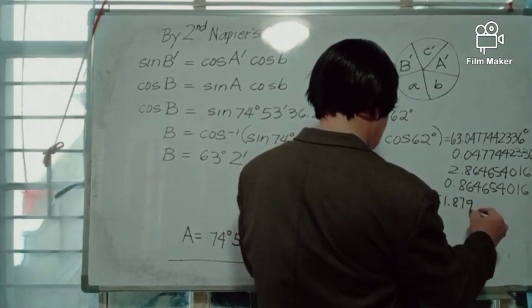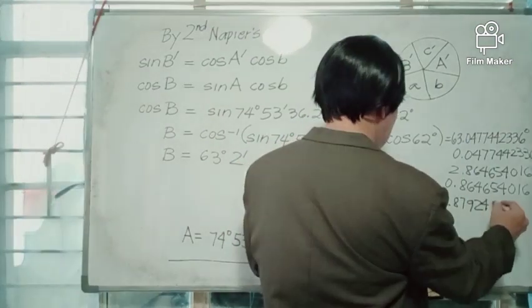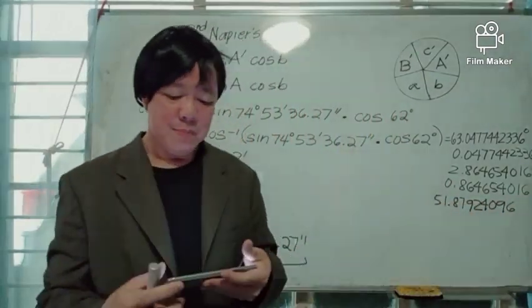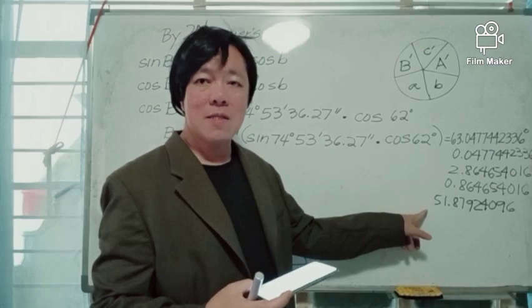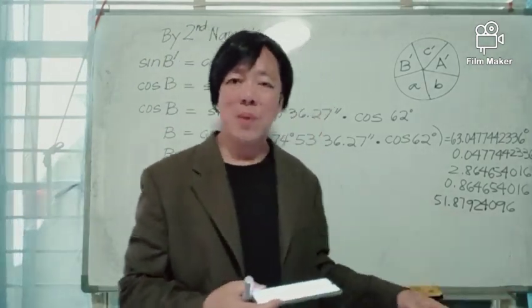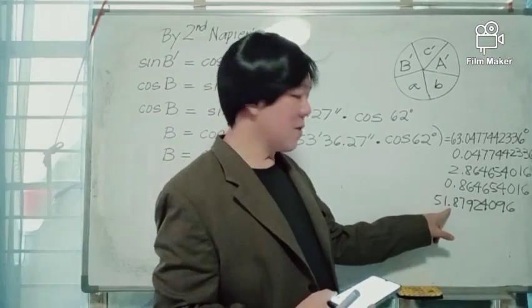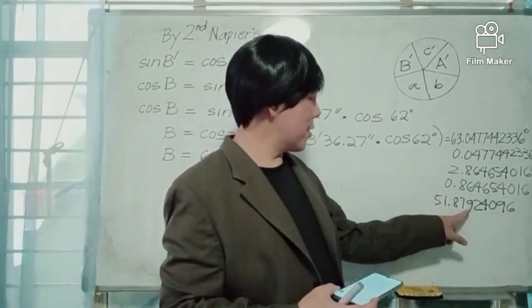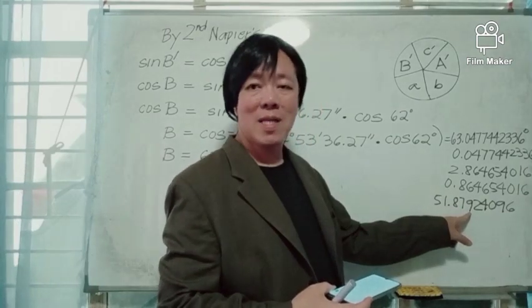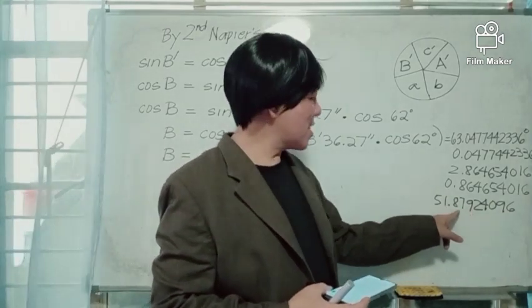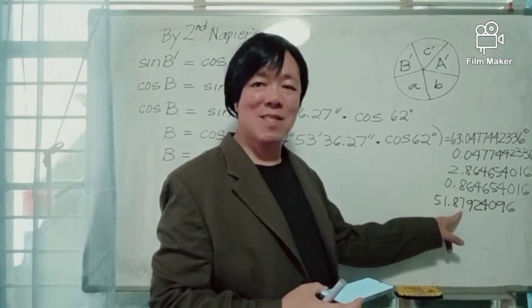51.879 24096. This is in seconds. And we round this decimal number to two decimal places. After the decimal point, you count two decimal numbers. And the third decimal number, 9, is to be rounded up. Since 9 is more than 5, plus 1 to the preceding digit.